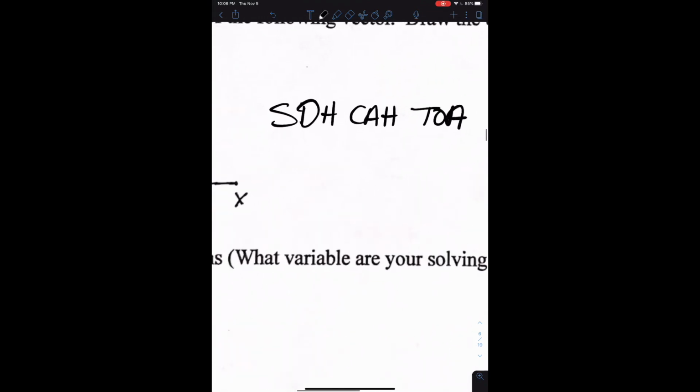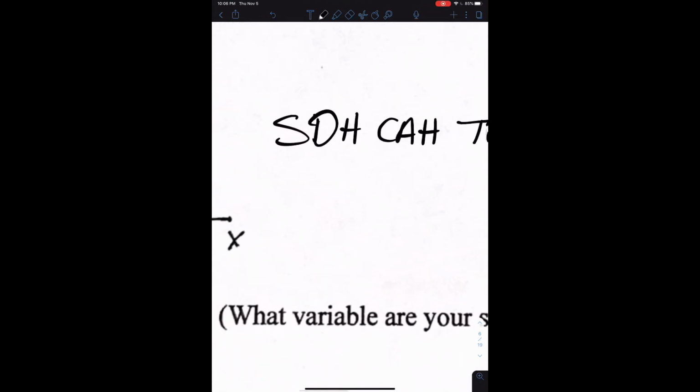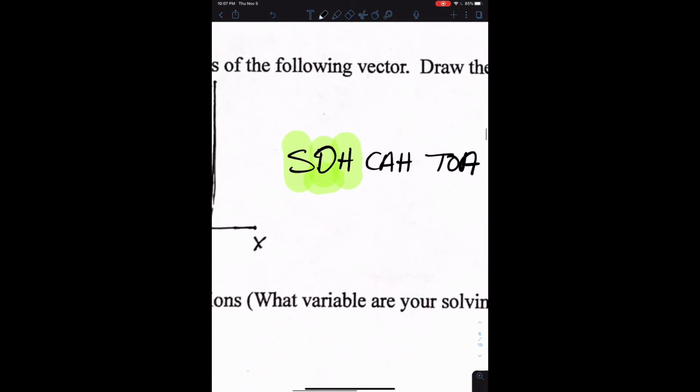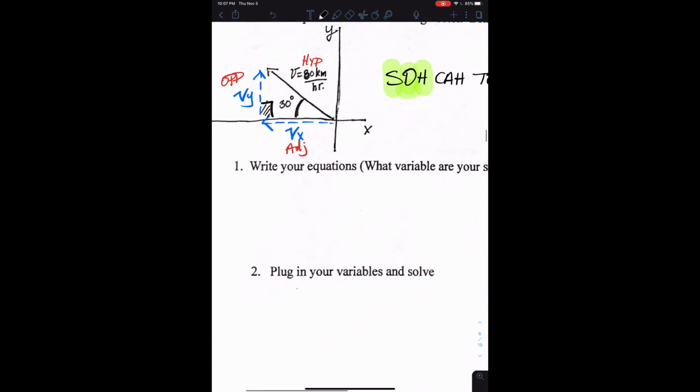So that would be opposite, hip, and theta in the sine. So we're going to have to use SOH. SOH, when we write it, looks like this. See it? SOH. And that's how we know to use that formula.